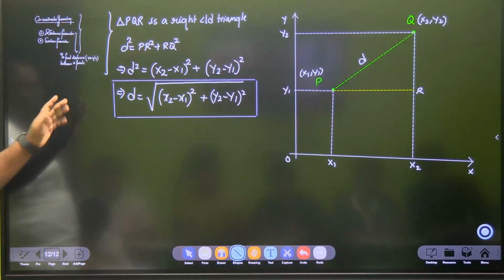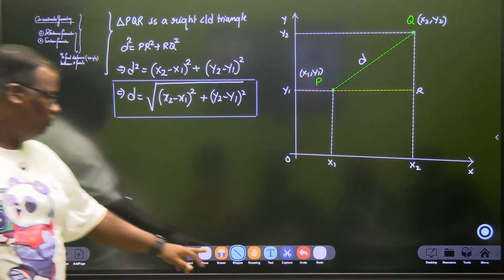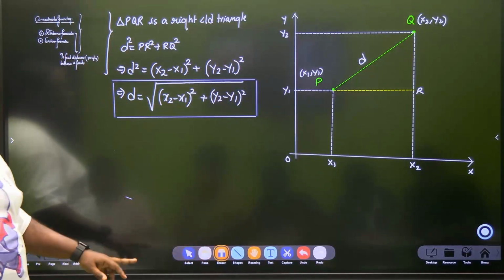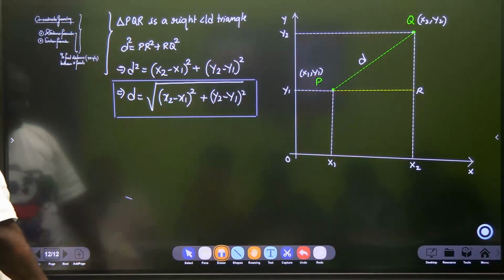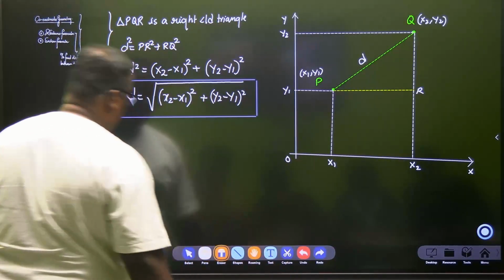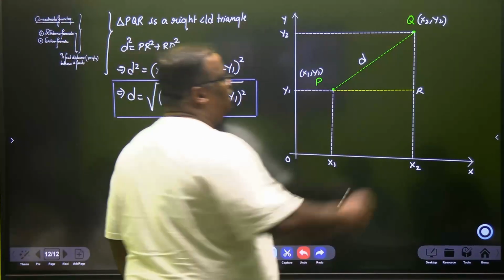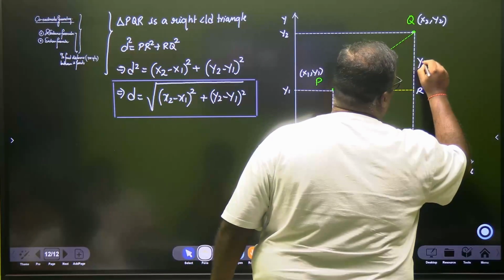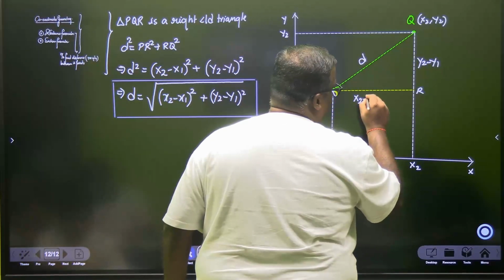So make sure you don't allow a chance for your marks to be deducted. Either you follow the protocol of x1 minus x2 or x2 minus x1, but follow one protocol. Do not keep changing. Pretty easy. Have you understood? So this becomes y2 minus y1, whereas this becomes x2 minus x1.